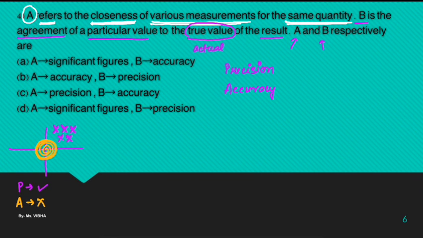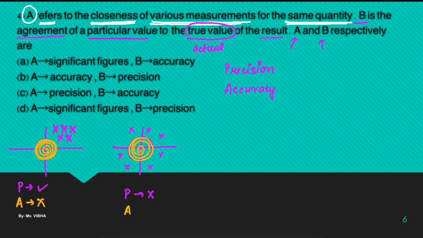We have another person who is hitting the target board, but that person is hitting here. He is hitting anywhere, so this person is not precise. He is not even targeting here. That means he is not even targeting on the accurate place.